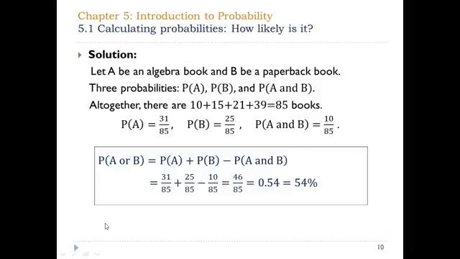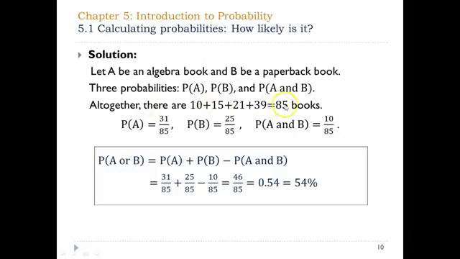Solution. Let A be an algebra book and B be a paperback book. The probabilities, probability of A, probability of B, probability of A and B are probability of algebra book, probability of paperback book, and probability of a paperback algebra book. There are 85 books total.